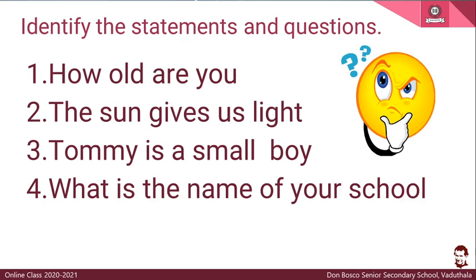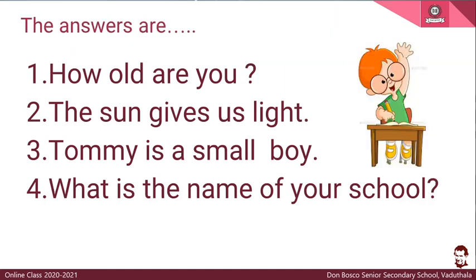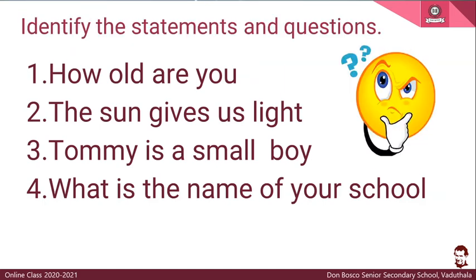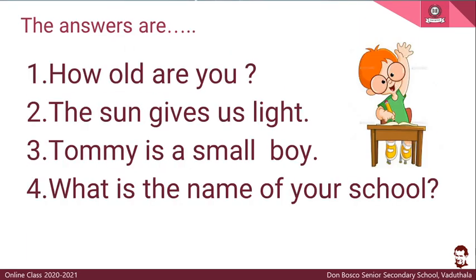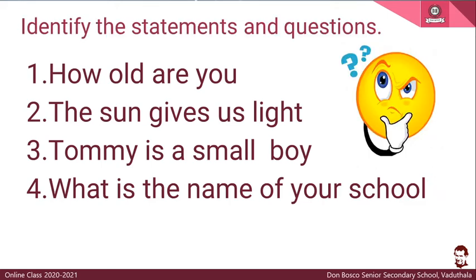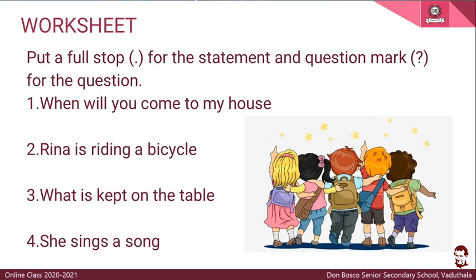Now the next slide, you can see the worksheet. And what is written there? Put a full stop for the statement and question mark for the questions. For doing this, you have to read the definition very well, think nicely, and then write the answer. So the first one, when will you come to my house?